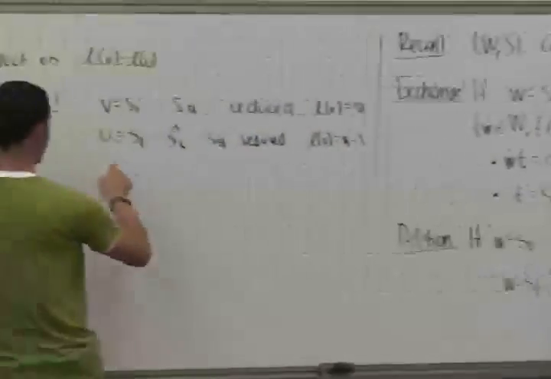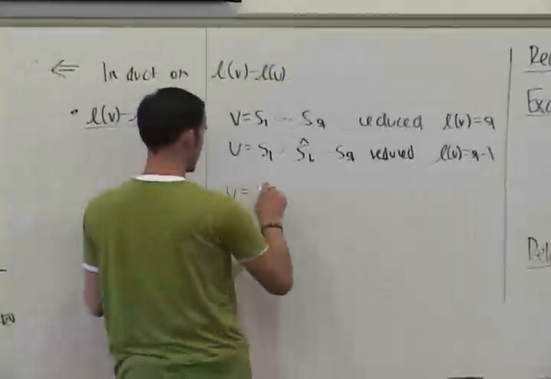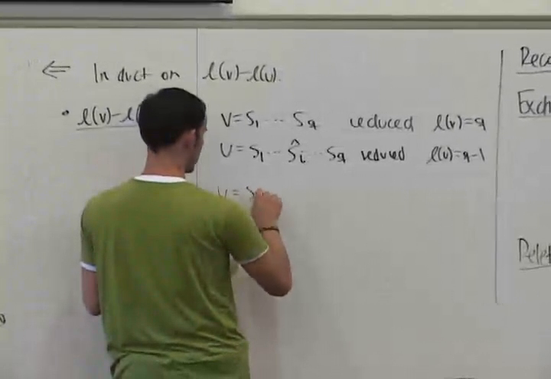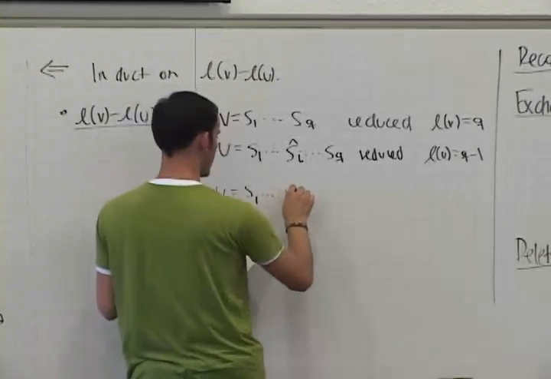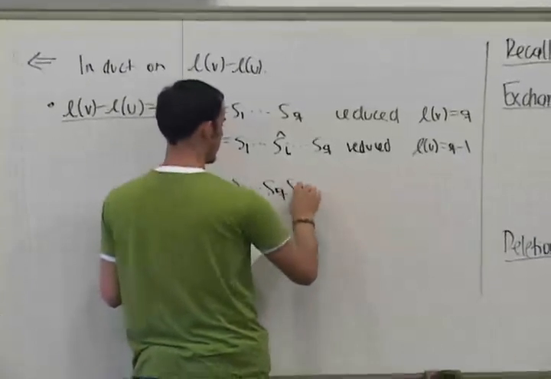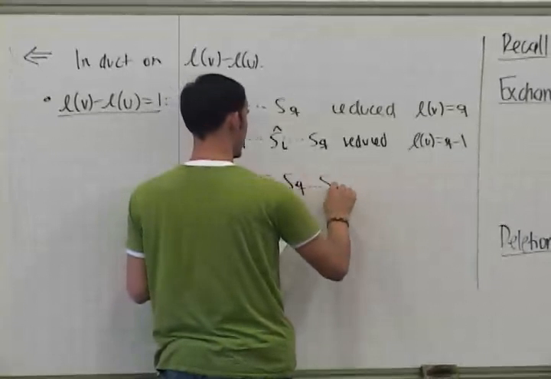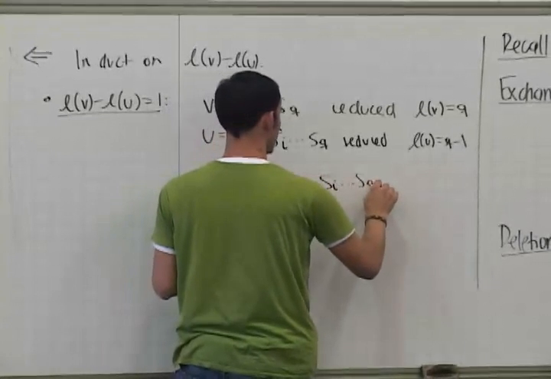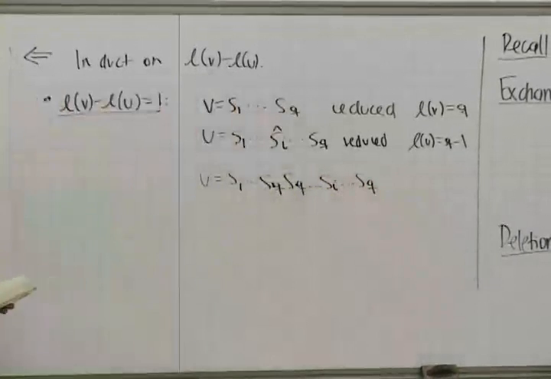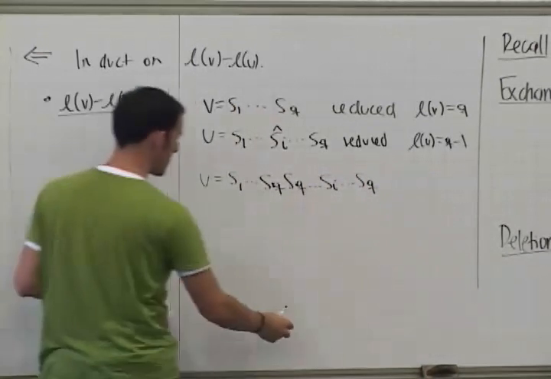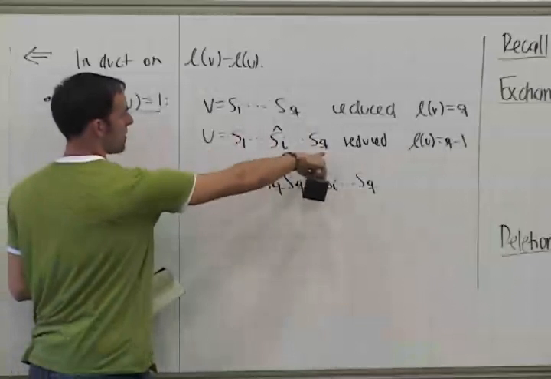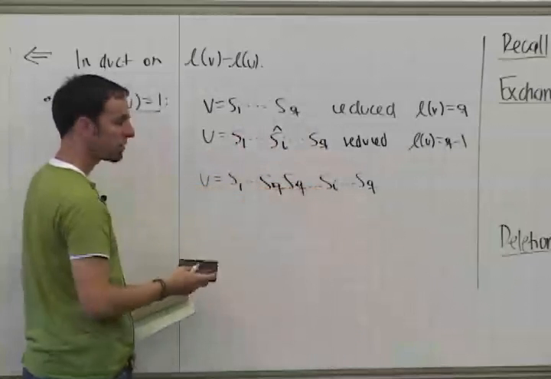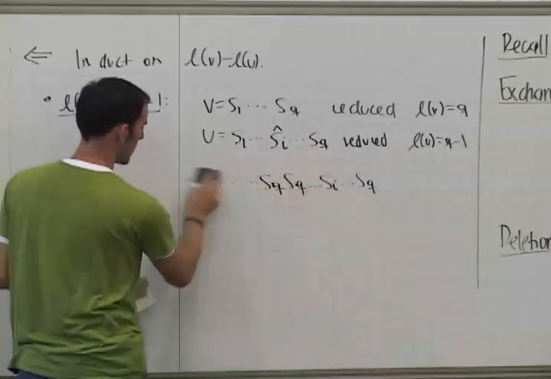Another way of saying it is just that I can write this as S_1 ... S_q S_q ... S_i ... S_q. So let's take a second to understand what I just wrote. I'm just saying that U can be rewritten in this way. Okay? Let me make a little bit more space here.